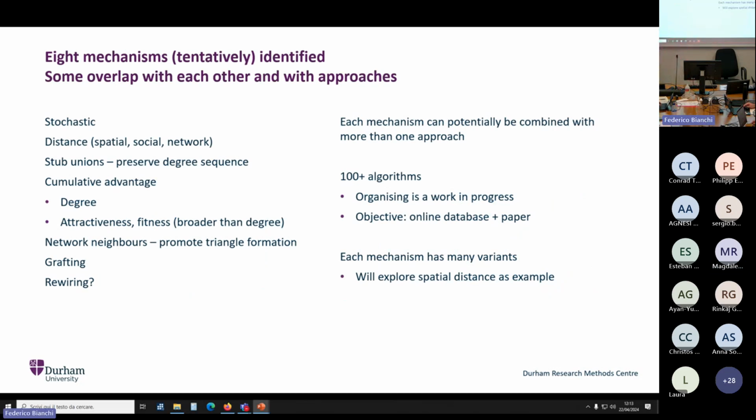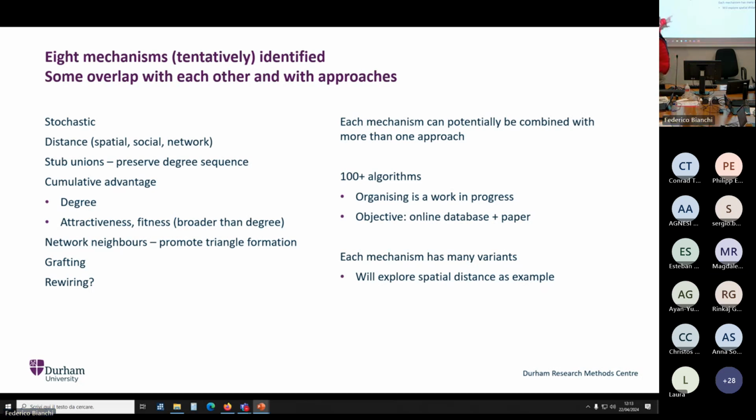So far, we've looked at a little over 100 papers, some ridiculous number of papers. Christina has done most of the slog work on this, by the way. We've identified 8 mechanisms that we're still mucking around with, solidifying the classification.